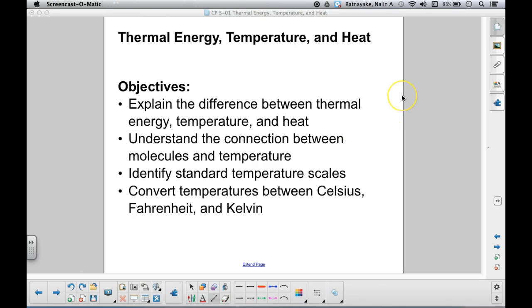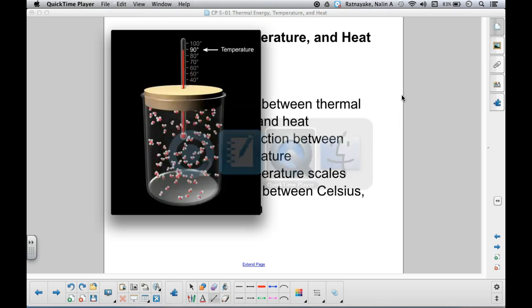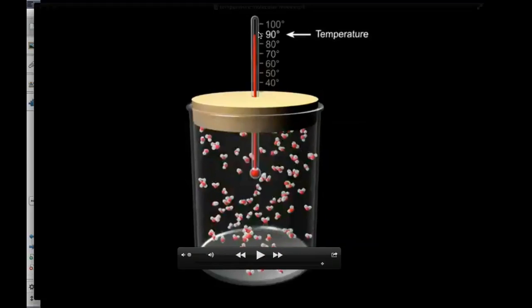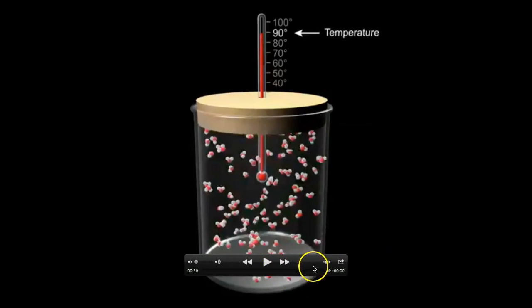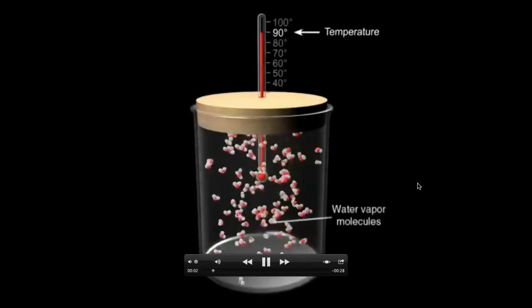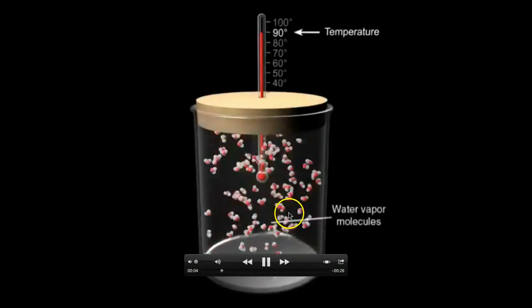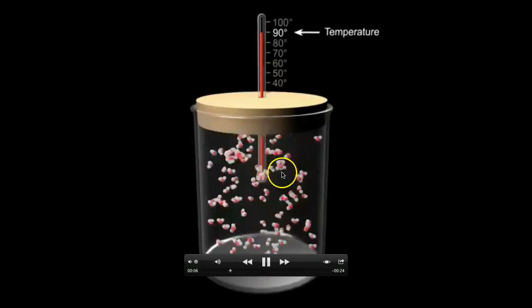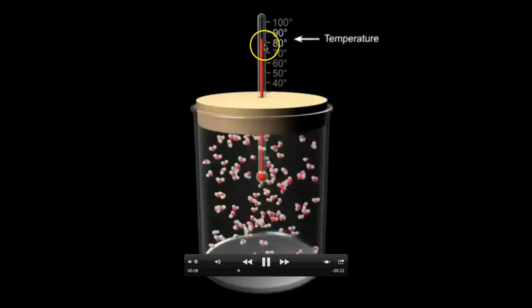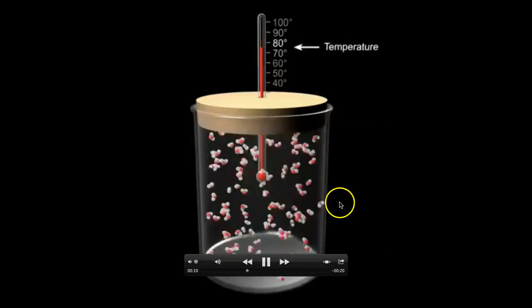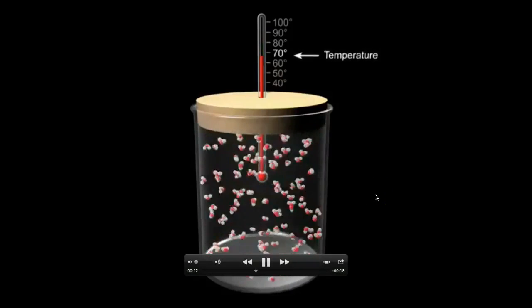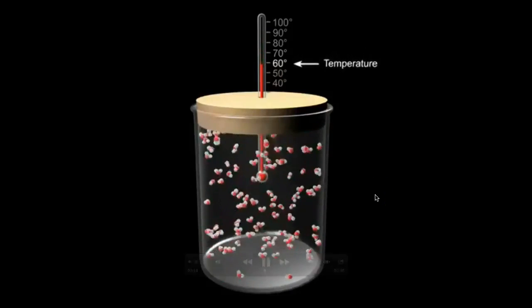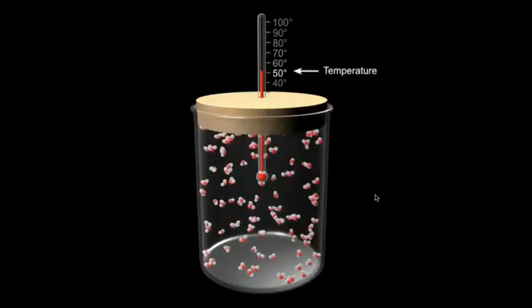Okay, before we wrap up here, I want to show a quick video, and I just found this on YouTube, but it's pretty cool. It's showing what molecules look like of water vapor, and you can see them zipping around very quickly. And as we lower the temperature, what's happening is the molecules are getting slower and slower and slower, and they keep slowing down as we lower the temperature.